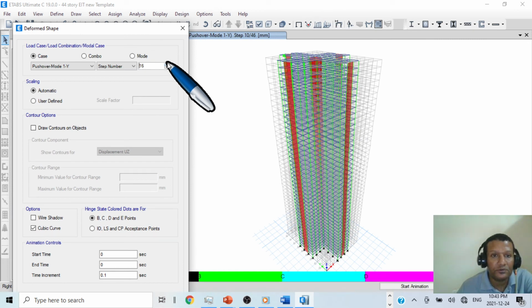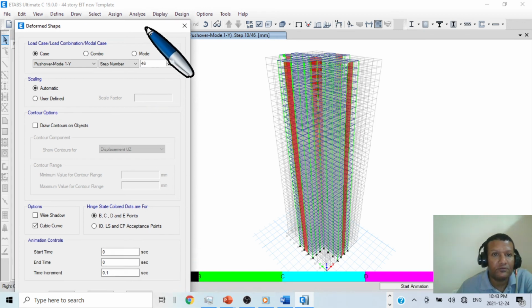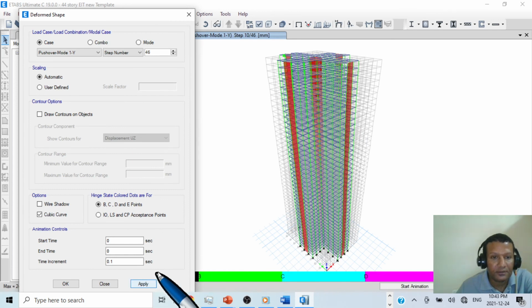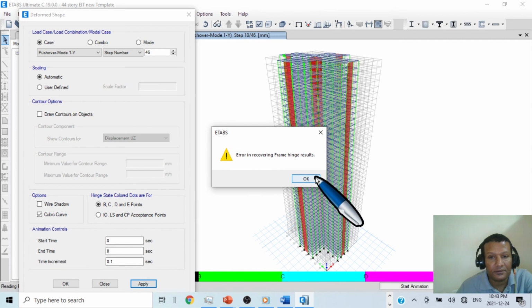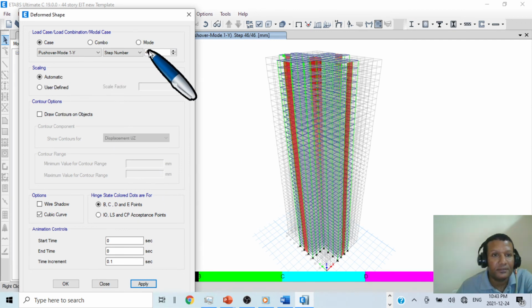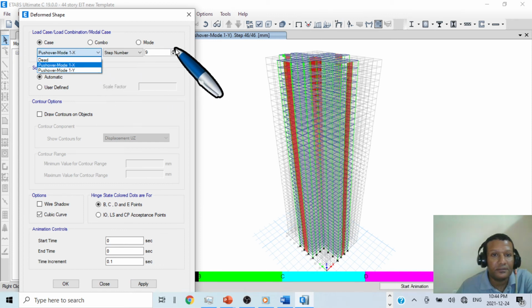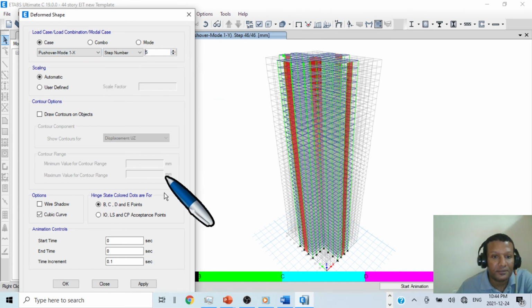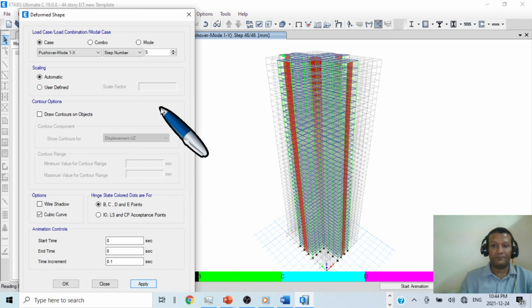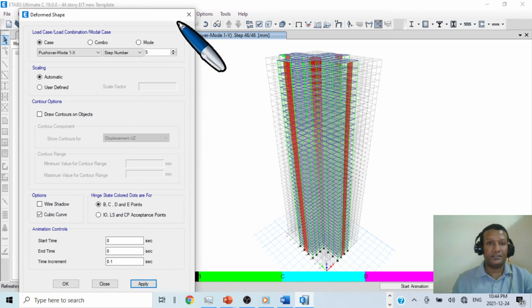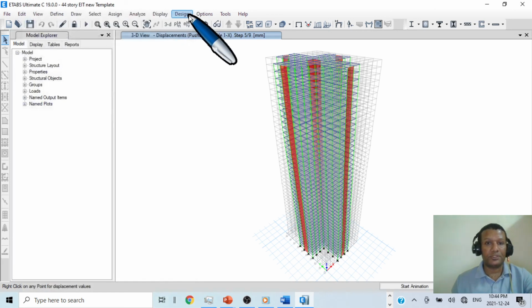Okay, let me show the final one, 46. Otherwise we will check others. Okay. Let me check 5 for example. Okay, it has a problem. Let's open it again.